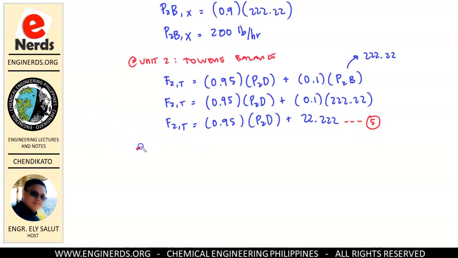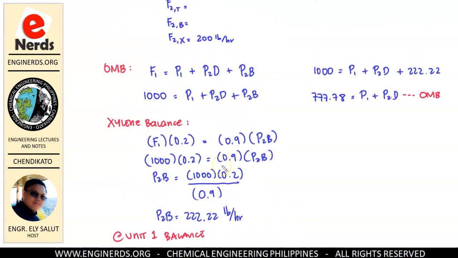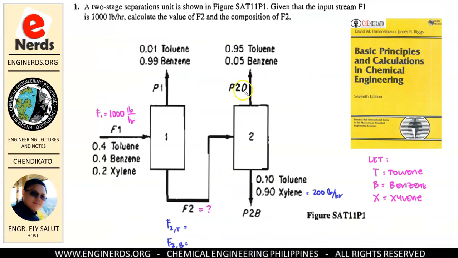Now let us do benzene balance in unit 2. Alright, so in F2, we don't know the value of benzene. So we have F2B. Yan lang ang pumapasok. Then, how much is the exiting benzene dito sa ating P2D?